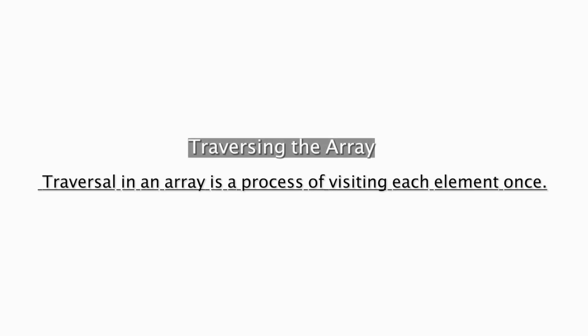Without traversing you can't do any kind of operation. So basically traversal is nothing else but a process of visiting each element once. Whatever the elements inside the array, one pointer will fetch each and every node at least a single time.